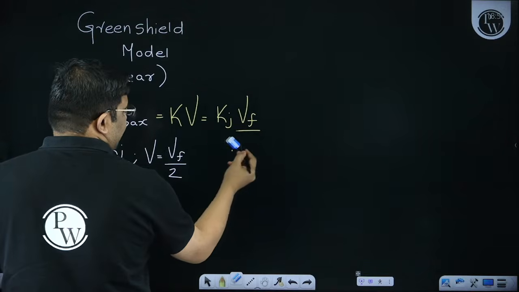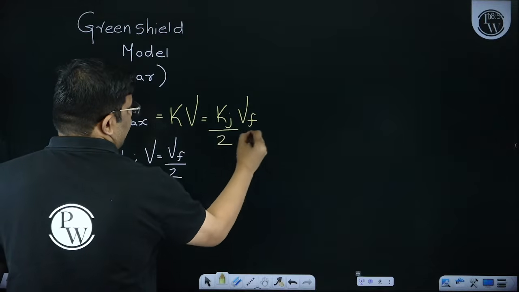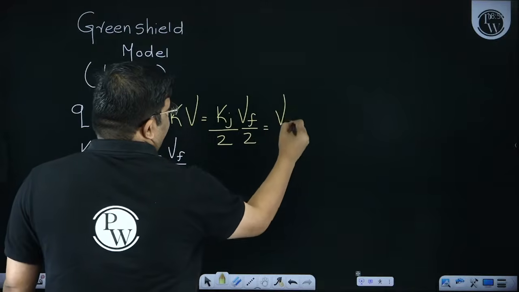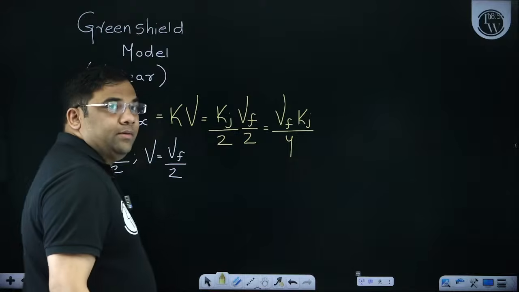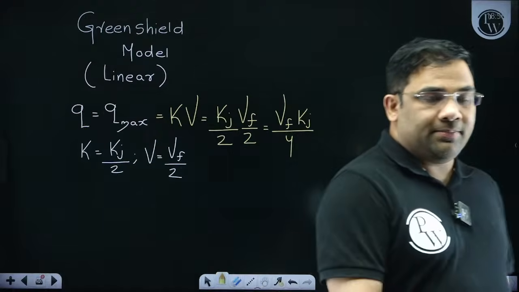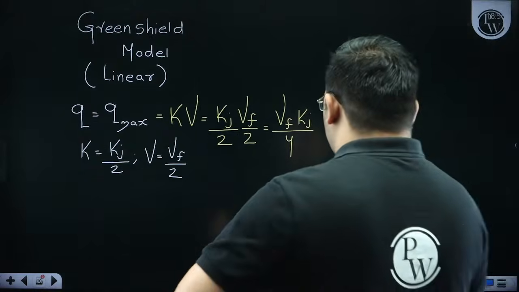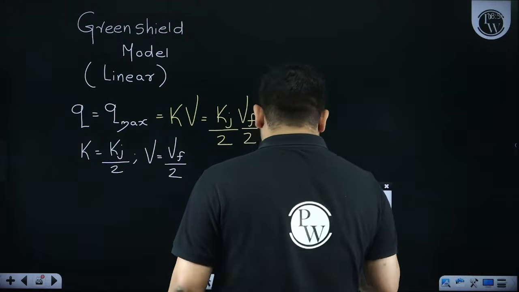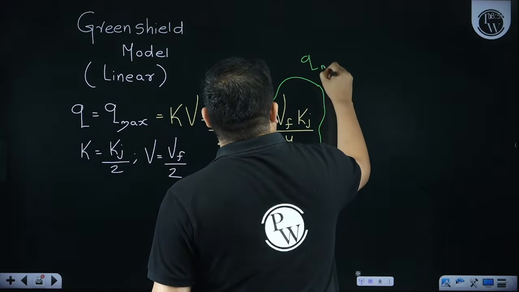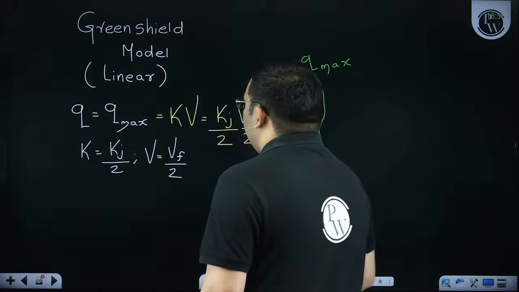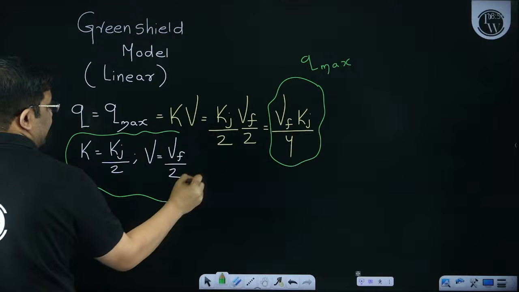This will become Kj by 2 times Vf by 2, which becomes Vf into Kj by 4. Very good. So now this becomes the maximum flow for your Greenshields model, and at maximum flow, these are the speeds and densities.